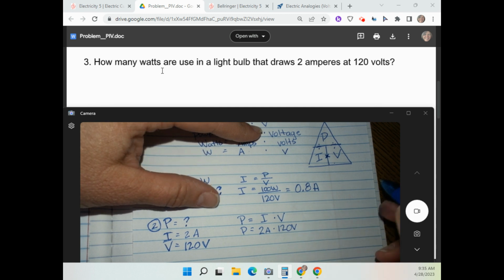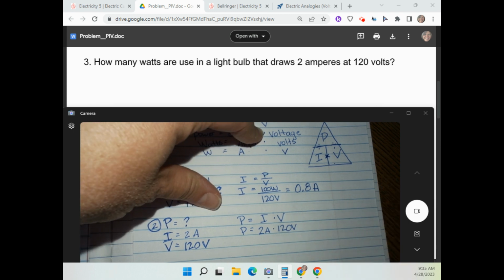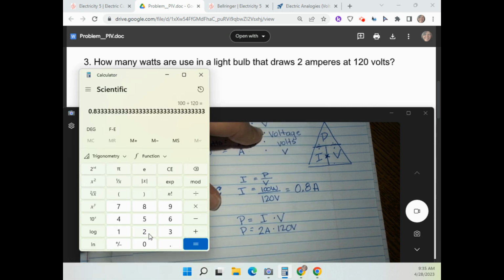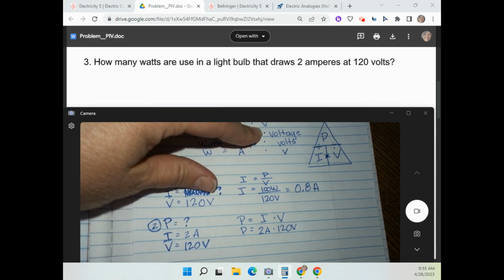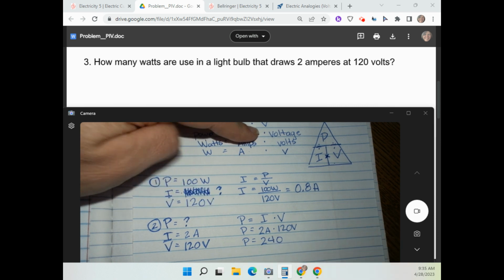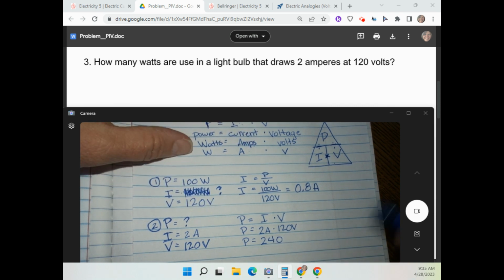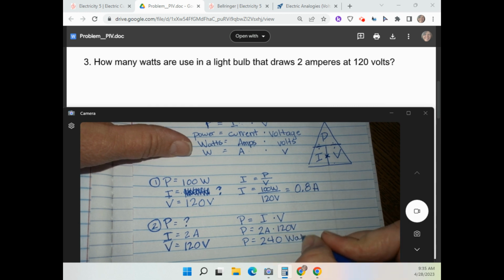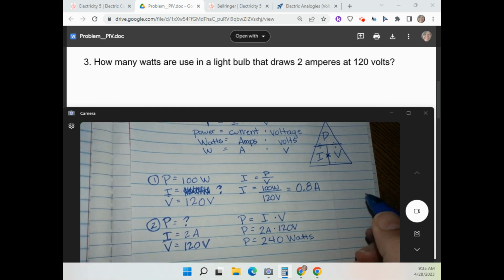That would be 240, but it never hurts to calculate just to check and not make a silly mistake. 240. So power equals 240. What unit goes with power? Watts. Okay, so getting those units straight is really an important part.